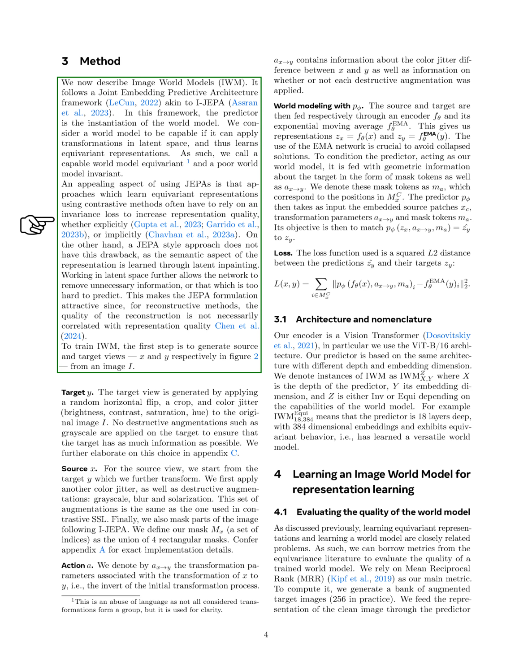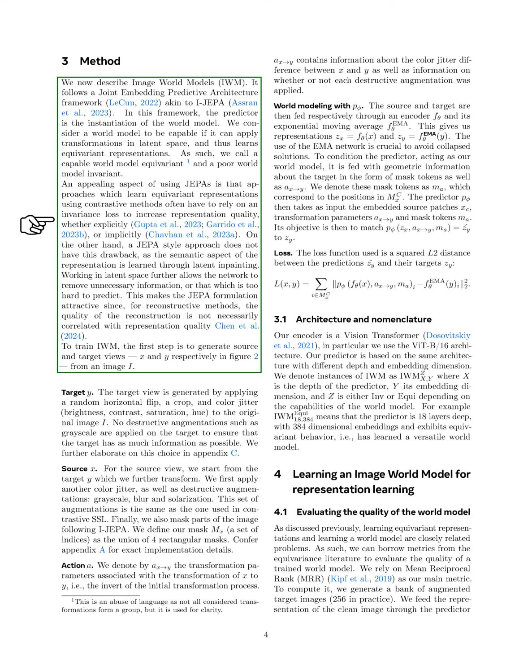One of the benefits of using a JEPA-like approach is that it avoids the need for an invariance loss, which is often required in contrastive methods to improve representation quality. Instead, the semantic aspects of the representation are learned through latent inpainting, allowing the network to discard irrelevant or overly complex information.